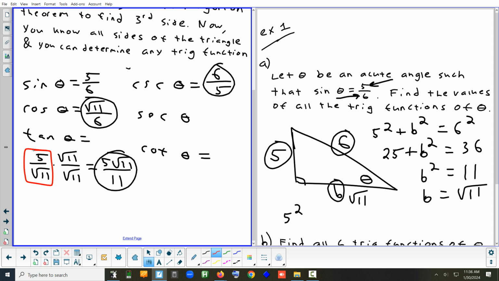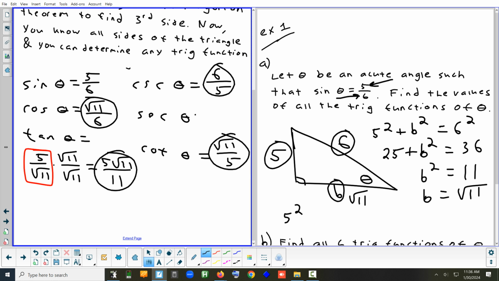Because if you flip the final answer, the square root goes back to the bottom and you have to fix it all over again. If you take what we had originally and flip it, the square root goes to the top and you're done. So square root 11 over 5.